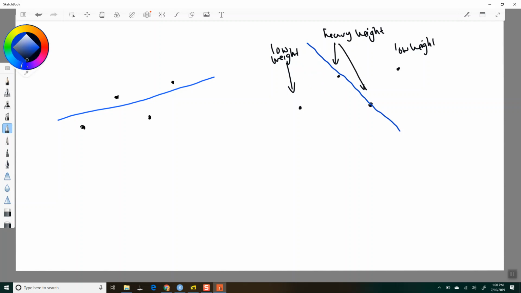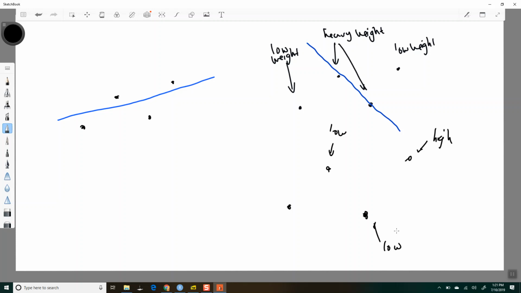On the other hand, if you have high weight, then low, and this is low weight, and this is high, the regression line will try to minimize the residuals through the high points. So the weighted regression says these points are more important than these ones, okay?